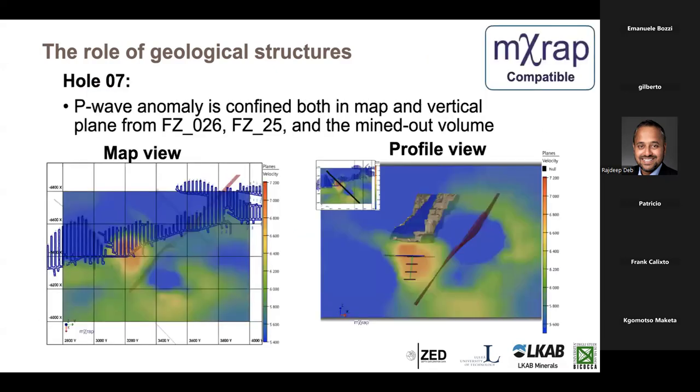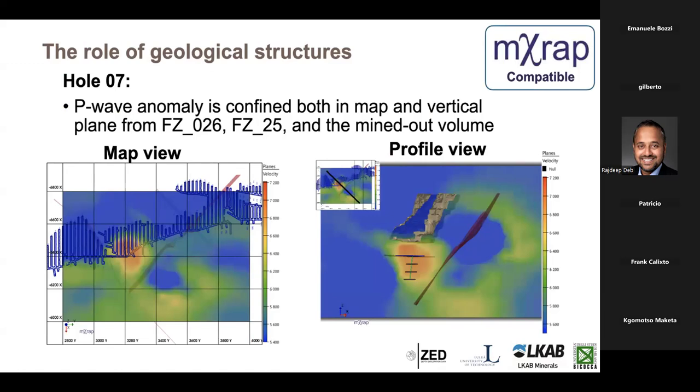If we look at the anomaly in a map view and in a vertical profile view, for example for hole 7, we see that the anomaly is confined, both in the map and the vertical plane, by fault zone 26 and fault zone 25, and by the mined volume at the top.